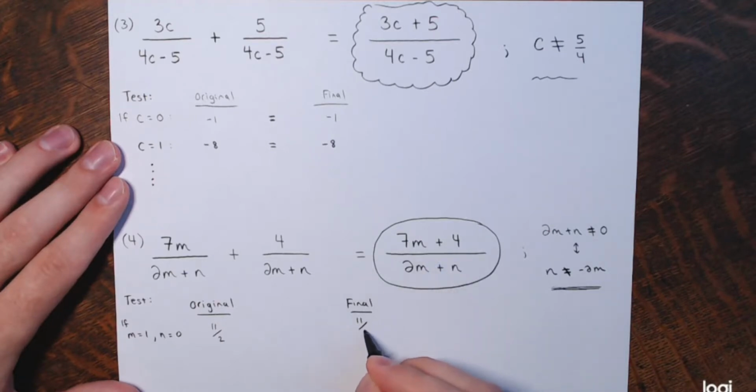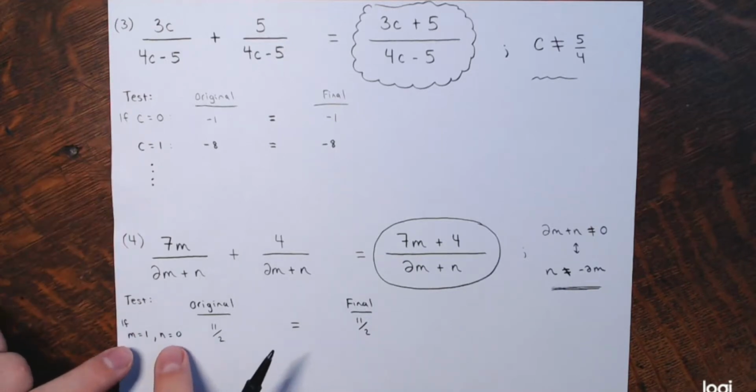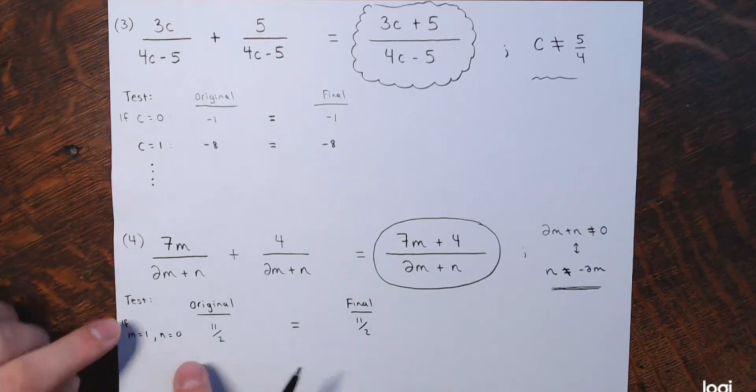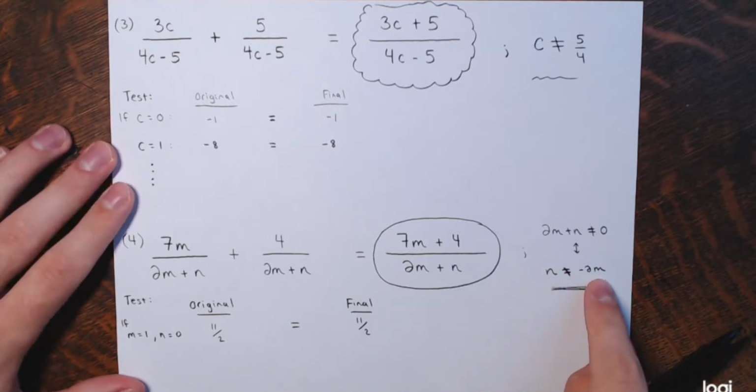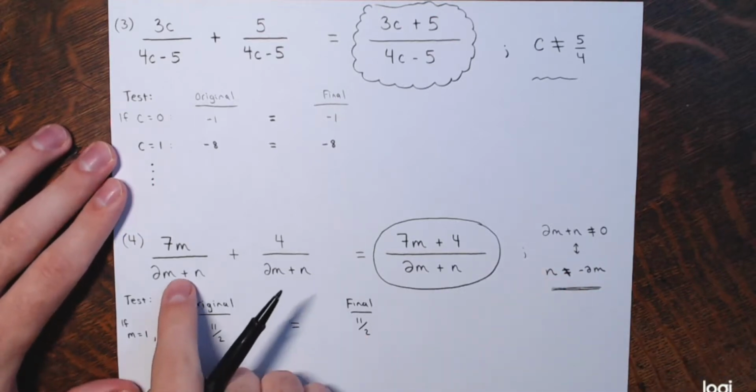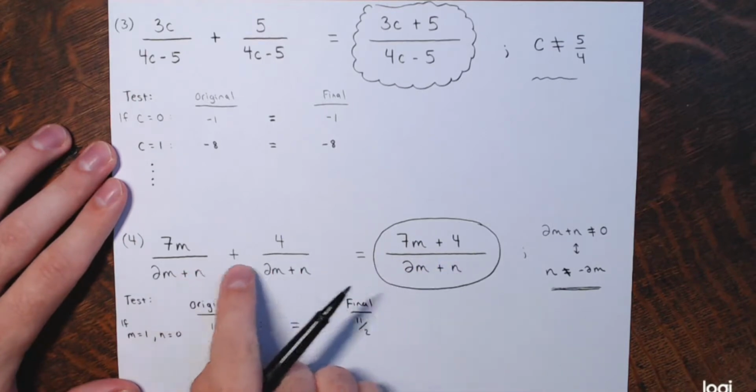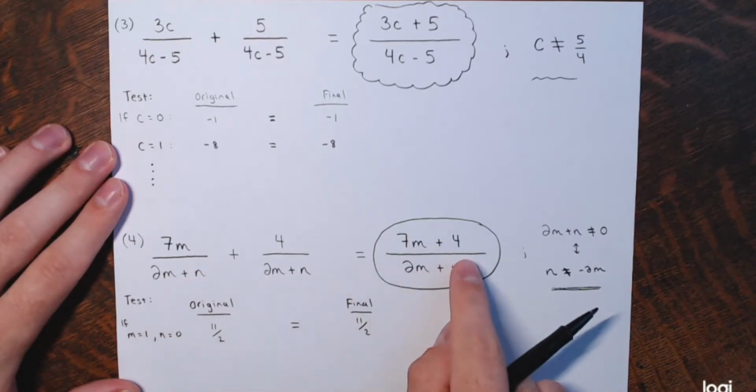You also would have 11 halves, and they're equal, which is great. That's what I want. And that should be happening, right? No matter what I plug in for m and n, as long as n is not -2 times m, whatever I plug in for m and n, the value of the original sum should be exactly the same as the value of the final expression.